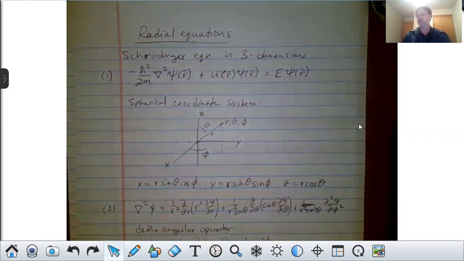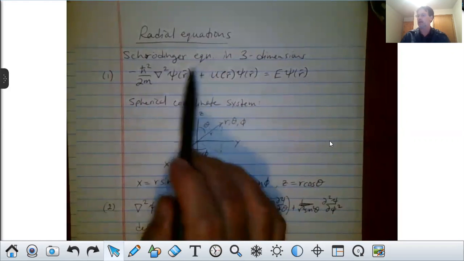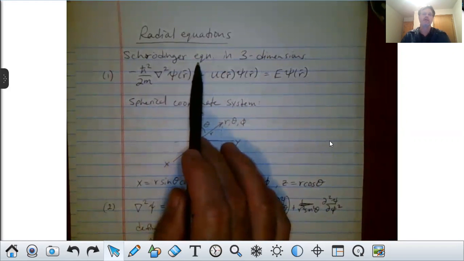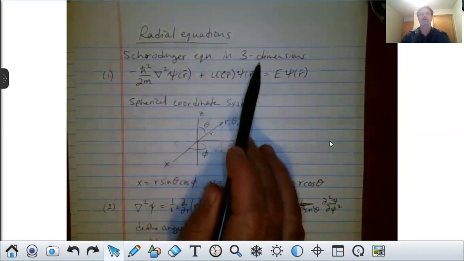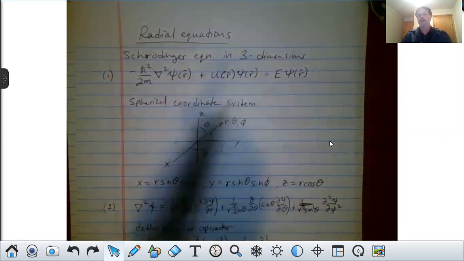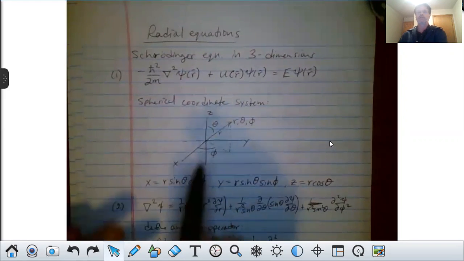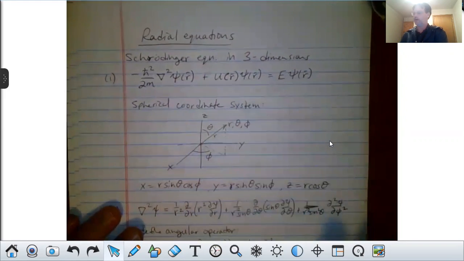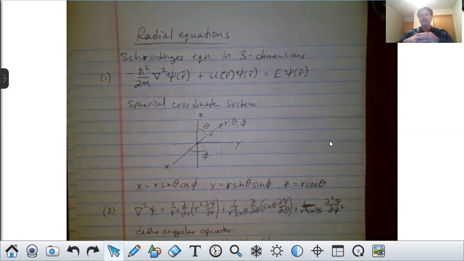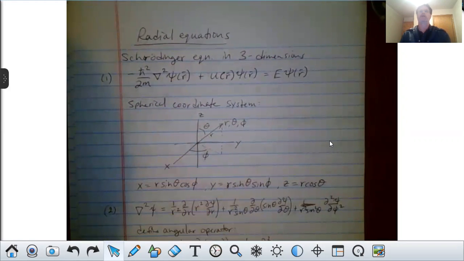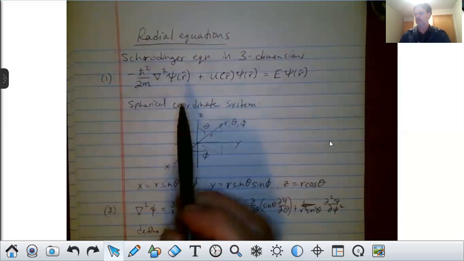So first of all, we're talking about solving the Schrodinger equation in 3 dimensions, right? And so you could write the Schrodinger equation in Cartesian x, y, z coordinates, but if you have a potential energy function, which I write as U of r right here, that is spherically symmetric, it's natural to use the spherical polar coordinate system.